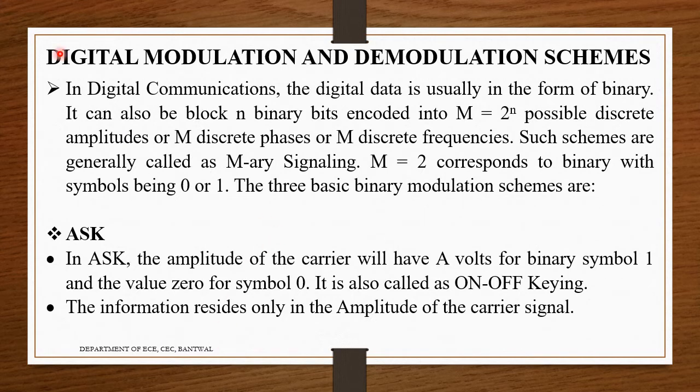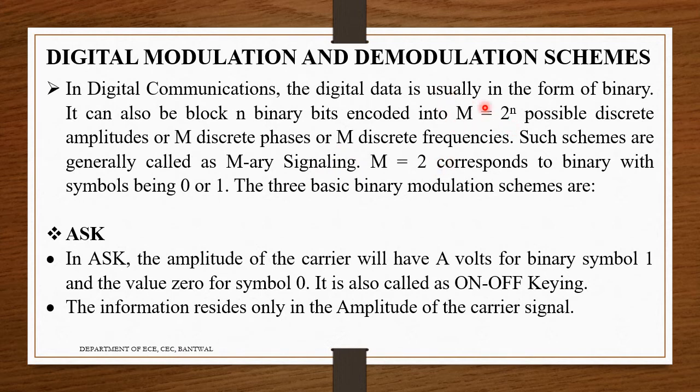Now, we have to deal with some of the digital modulation and demodulation schemes. In digital communication, the digital data is usually in the form of binary, that is, in terms of 2 to the power of m. Everything can be blocked, and n binary bits are encoded into M equals 2 to the power of n possible discrete amplitudes, or M discrete phases, or M discrete frequencies.